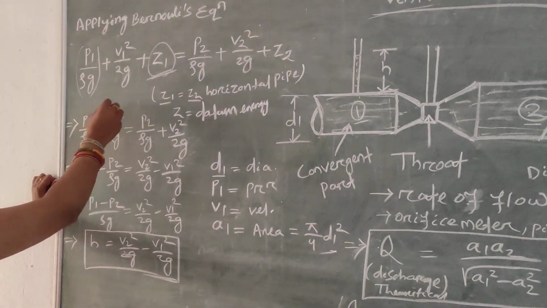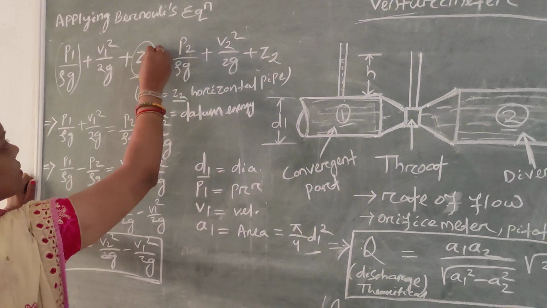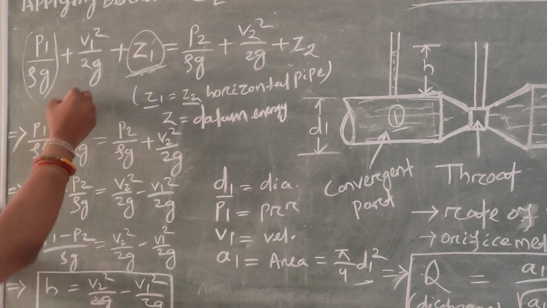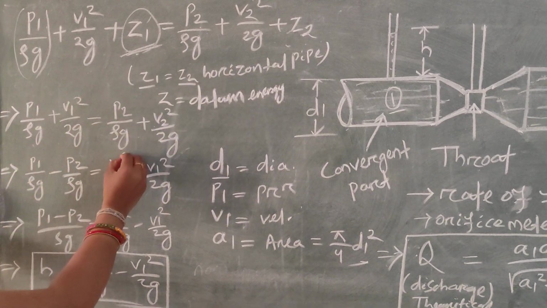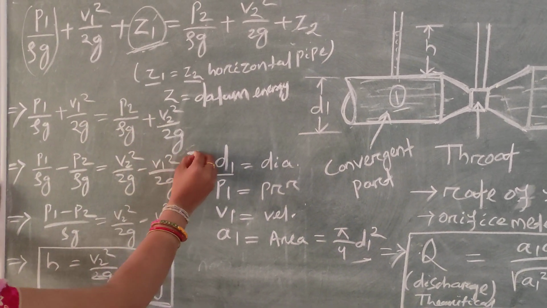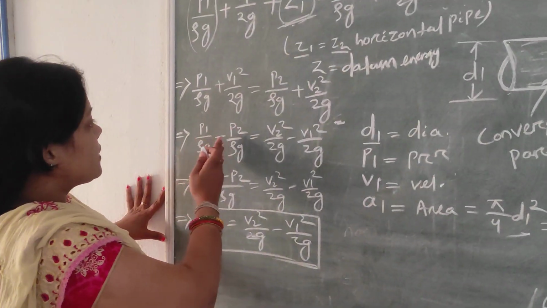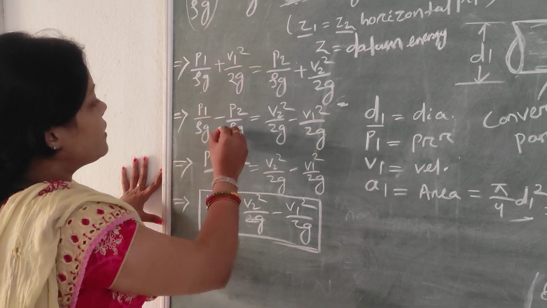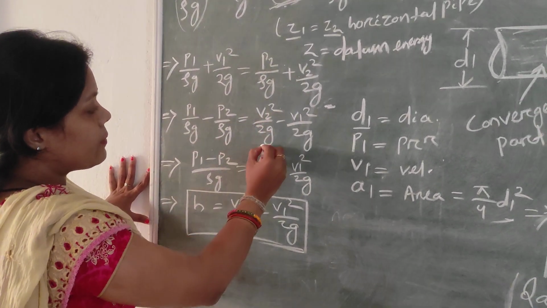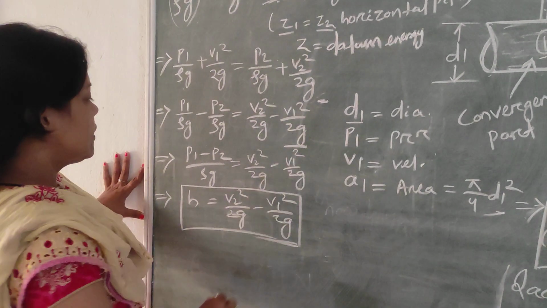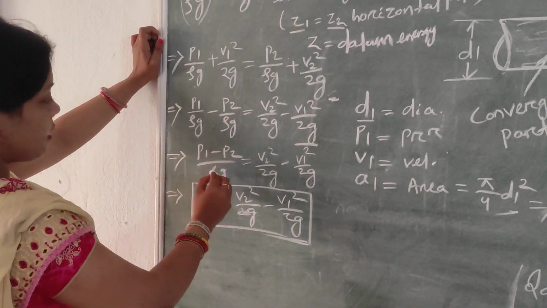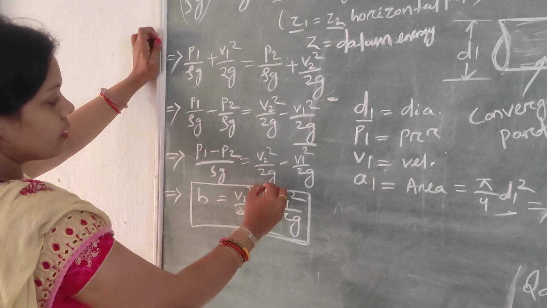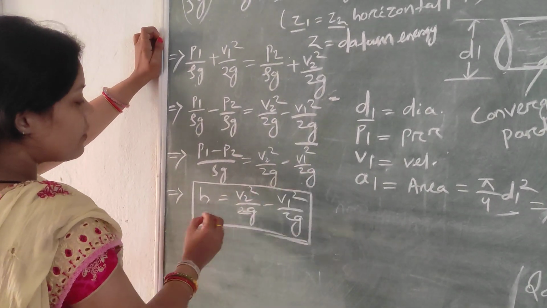So after that, Z1 equal to Z2 cancel on both sides. Then P1 by rho g plus V1 square by 2g is equal to P2 by rho g plus V2 square by 2g. Rearranging, P1 by rho g minus P2 by rho g equals V2 square by 2g minus V1 square by 2g.